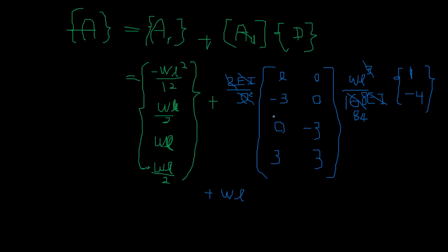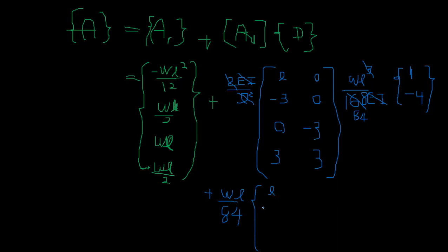WL over 84, right, into how much? So I have to multiply this by this. L into 1, 0 into 4. So that means L. Right? 3 into 1, 0.